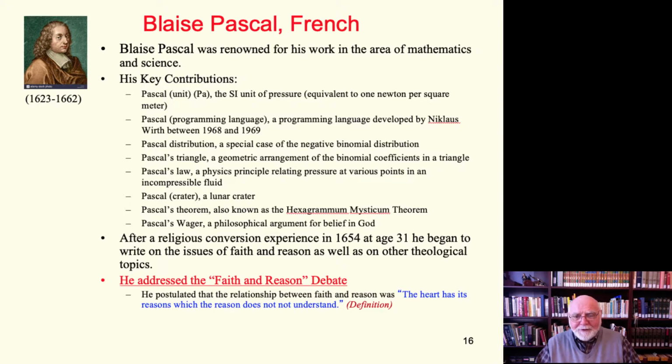What's important, though, is he addressed two particular issues for us that we want to take note of in the line of the discussions we've had in this course. One is the faith and reason debate, and the other is the proofs for the existence of God. He had a religious conversion in 1654, and he began to write on issues of faith and reason and on other theological topics that actually got him into a lot of trouble.